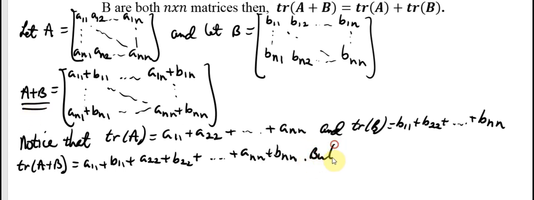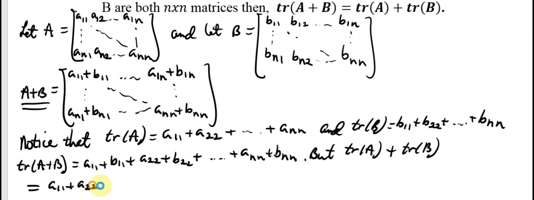But if I add what I have down below, the trace of A plus the trace of B, I get A11 plus A22 plus, and so on, plus Ann, plus B11 plus B22 plus, and so on, plus Bnn.